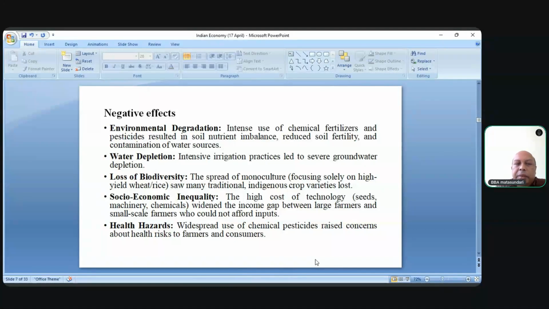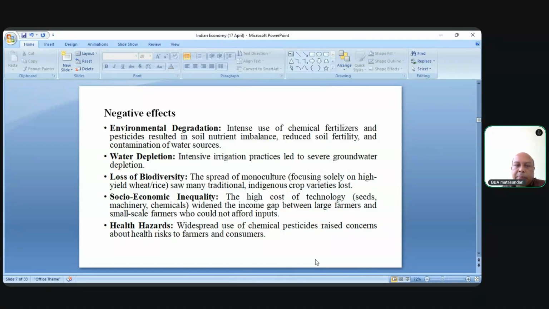At the same time, green revolution increased income inequality among farmers in village areas. Those farmers who use modern technology, pesticides, fertilizers, their income increased, and those marginal farmers or those farmers who do not use modern technology and other chemical inputs, their income was less during that time.